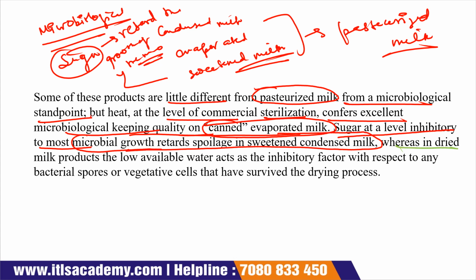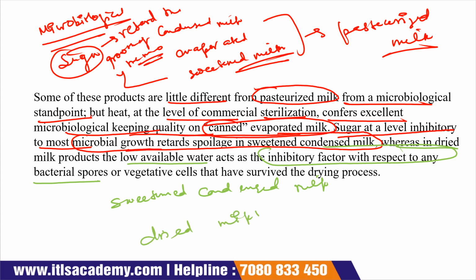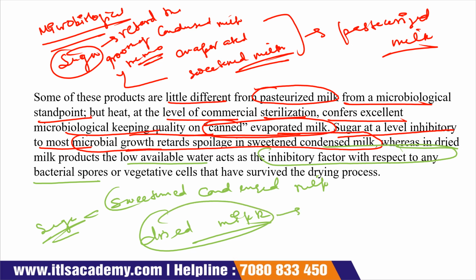In a dried milk product, there is low availability of water, which acts as an inhibitory factor with respect to any bacterial spores or vegetative cells that have survived the drying process. As I already discussed, in sweetened condensed milk we add sugar, which inhibits the growth of microorganisms, and in dried milk we decrease the moisture content, meaning the availability of water decreases.